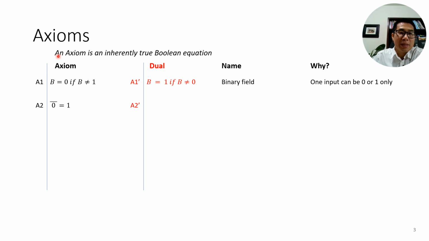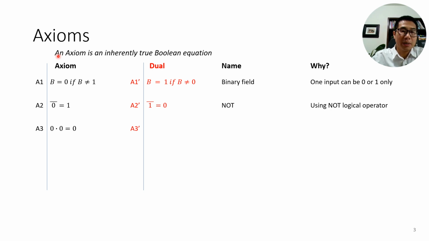Now another axiom is: if it's not 0, then it is 1. Okay. Then its dual form is: if it is not 1, then it is 0. Then this one is a NOT gate by definition, because we have only two values, 0 and 1, and by the definition of the NOT operator, we have that. So this one is using the NOT logical operator. Then axiom A3 is specified as 0 AND 0 is 0.